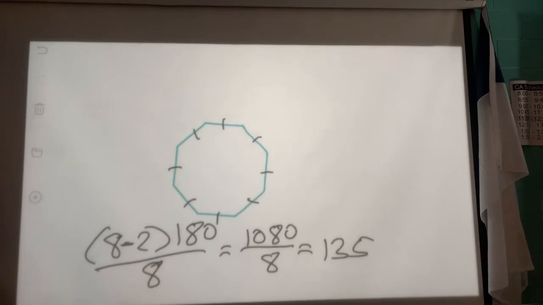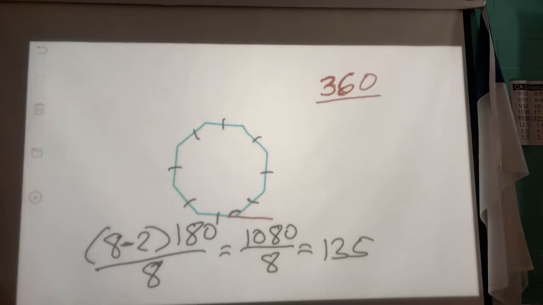Remember, that's interior for a regular polygon, so that's inside here. What we're talking about this time is exterior. If I extend that side down there, I could find the individual angle by doing linear pair, subtracting from 180. But the easier thing that you're going to find is that for every single shape, this is what's kind of crazy, but that's why formulas are formulas, because they work all the time, you take 360 and divide by how many there are.